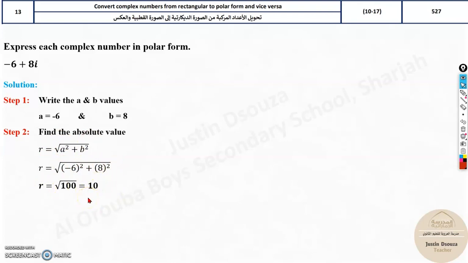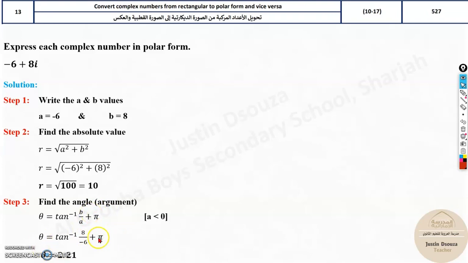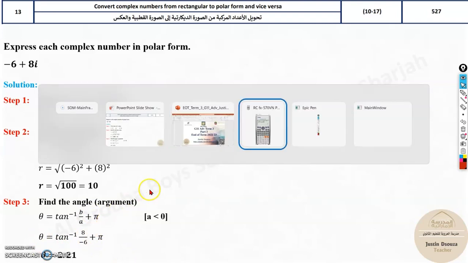Okay, what is remaining? The theta value is remaining, but look over here, the angle is also called the argument. The a value is negative, so the angle is tan inverse b by a plus pi, which is very important. This can be pi or 180 degrees because it's one and the same. Now just type it in the calculator, you will get the values.